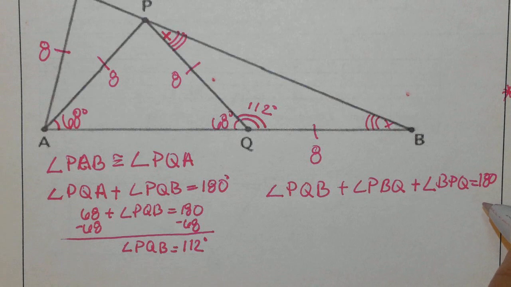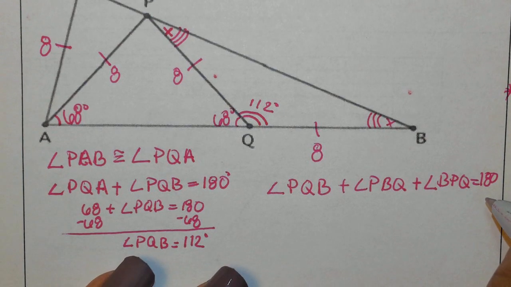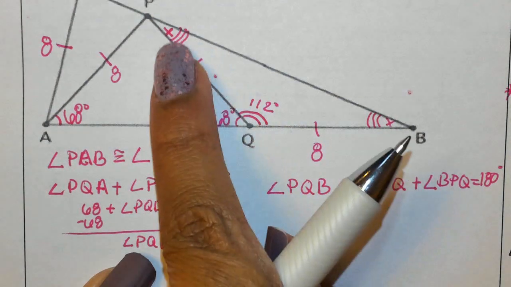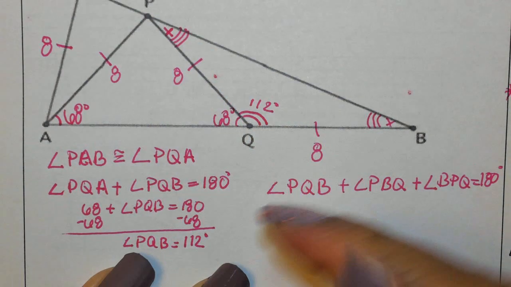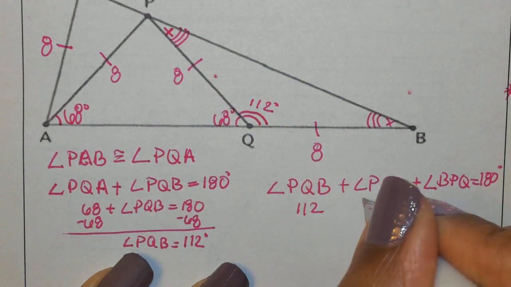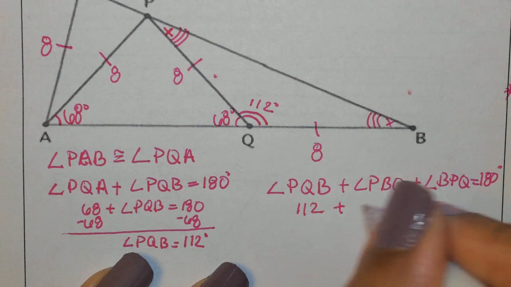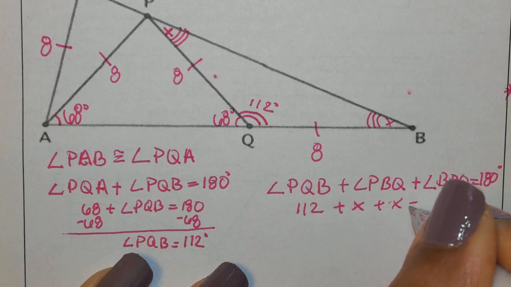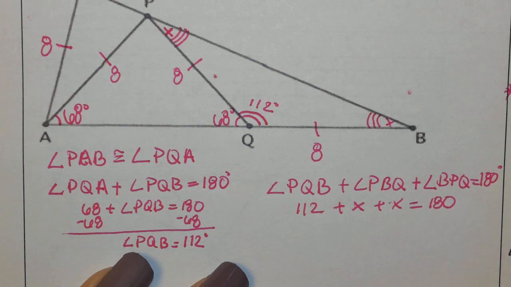And in this case, we know that it equals 180 degrees. Okay, so remember that angle PQB is going to be 112. Then, of course, the other 2 we know are going to be x. And we know equals 180 degrees.